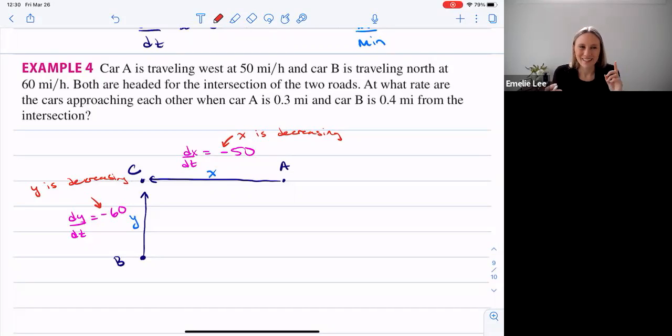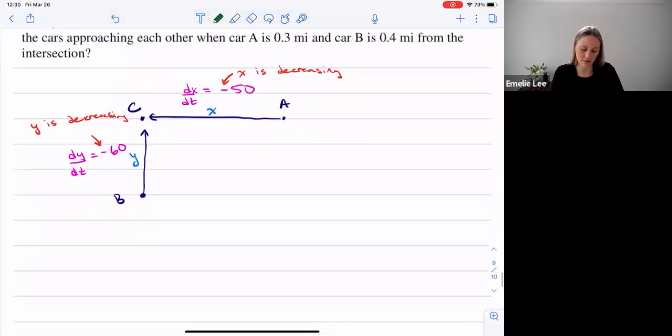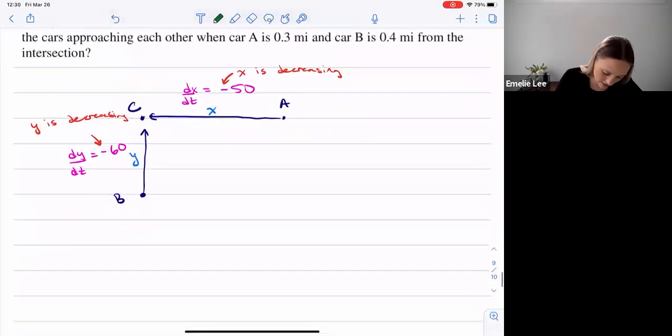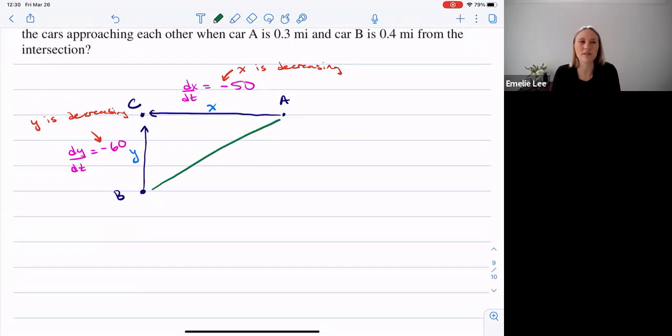Okay, the distance from each other is basically the hypotenuse, right? That's not something that was obvious to me. When I was learning this, I remember this being kind of a hard thing. But as soon as you want to find how quickly they're approaching each other, this is the distance that A is from B. You're not going to have to go around through C. The distance between them is just going to be the hypotenuse.